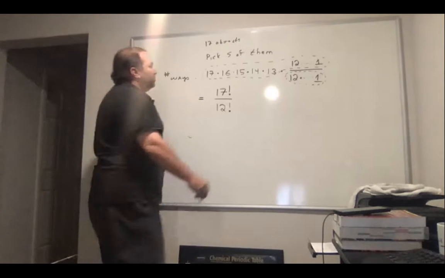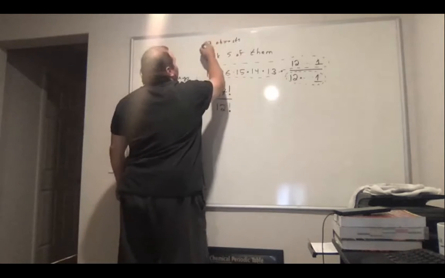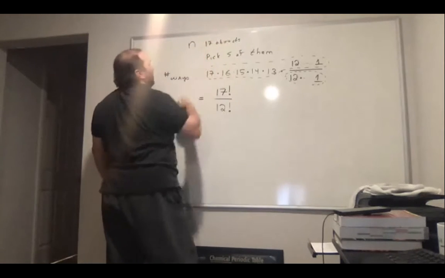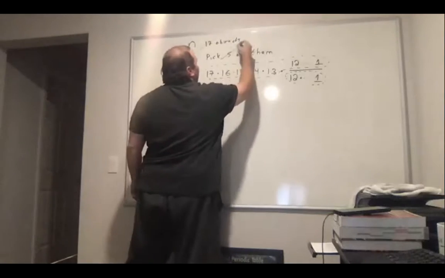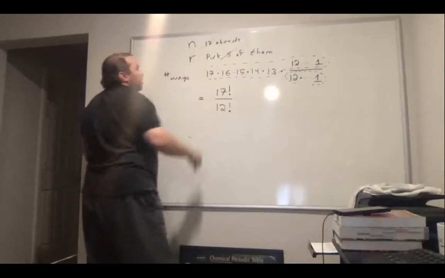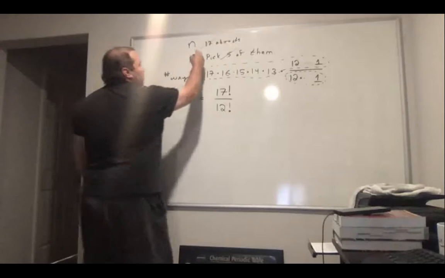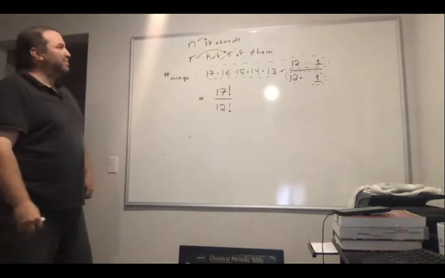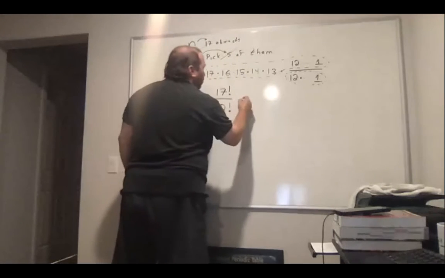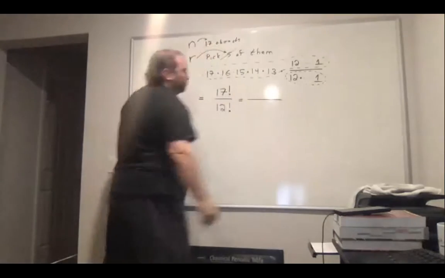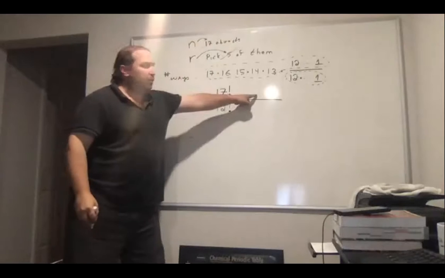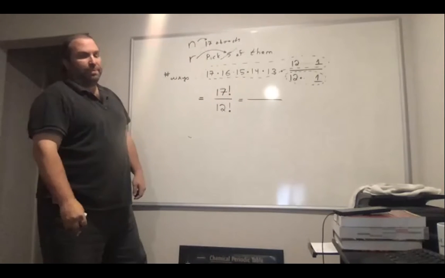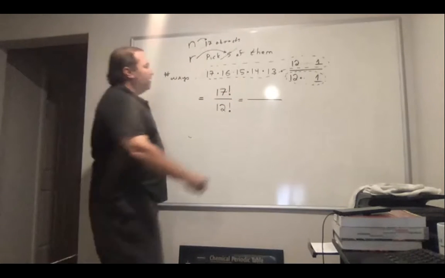In general, if instead of having 17 objects, I say I have n objects, and instead of 5, I have r, so I use the letters n and r instead of 17 and 5, then what would my answer be? What would I put on top? N factorial.